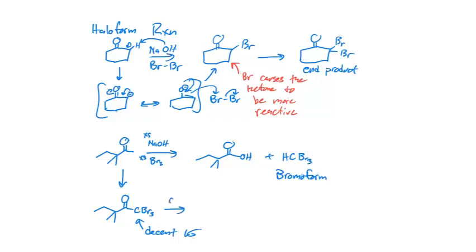So hydroxide is actually going to attack the carbonyl carbon in a nucleophilic attack. And then we're going to lose the CBr3 anion.